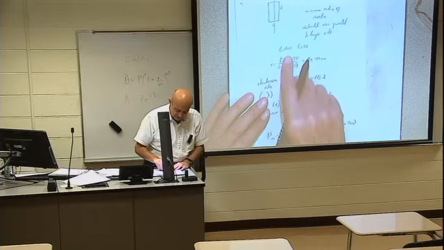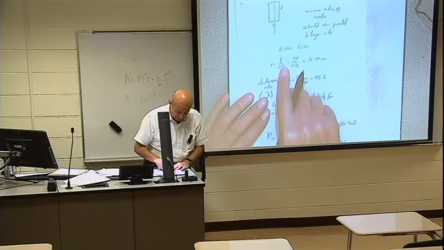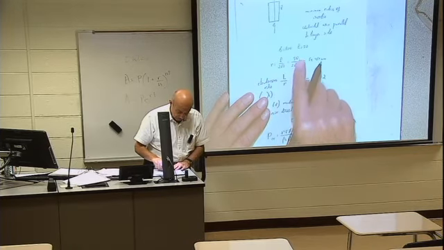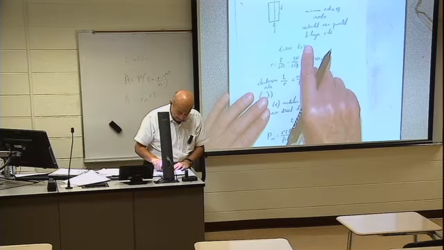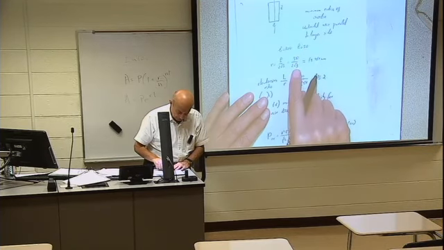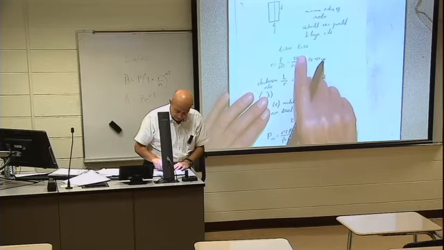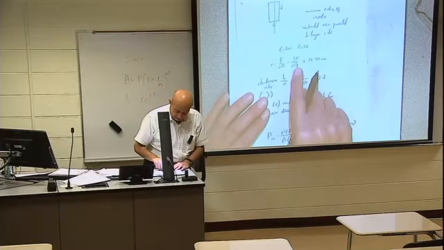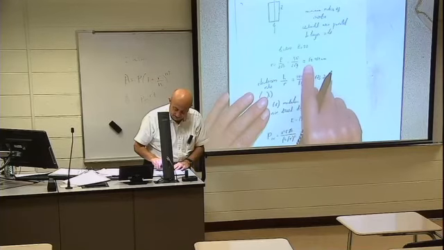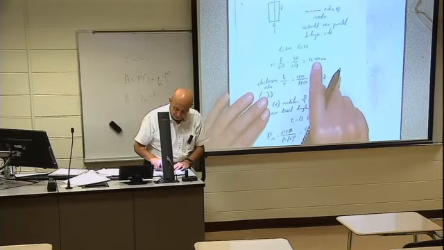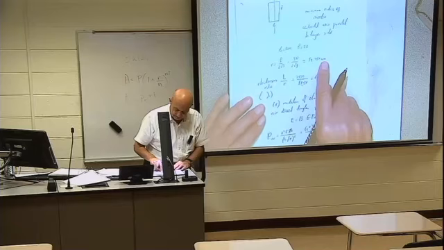R equals H over 2 square root of 3. So H equals 50, over 2 square root of 3. So that equals 50 divided by 2 divided by 1.73 or something, which will be 14.434 millimeters.